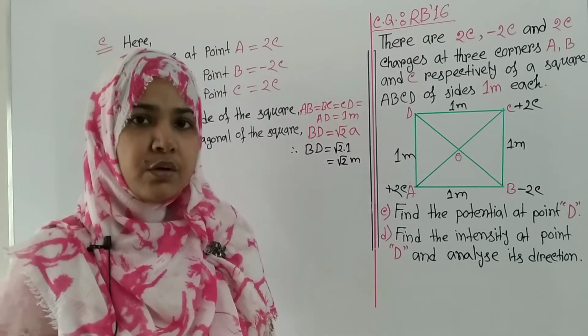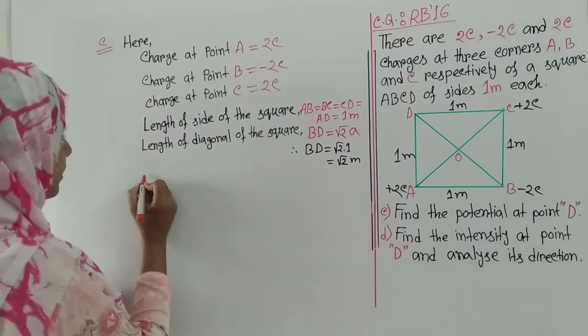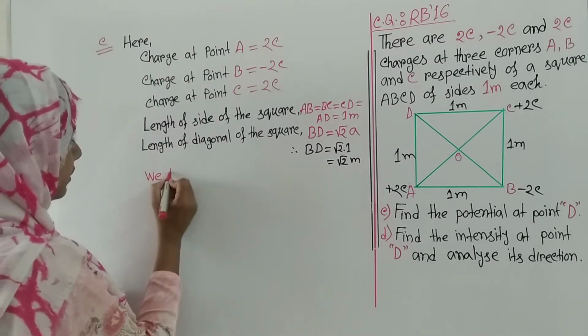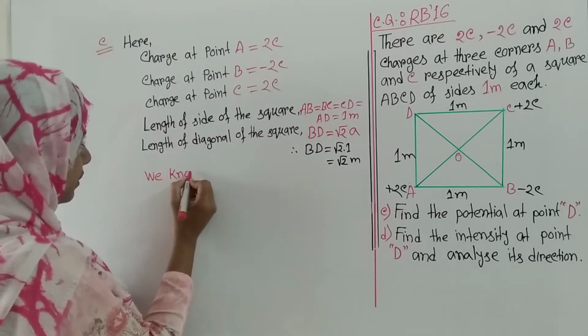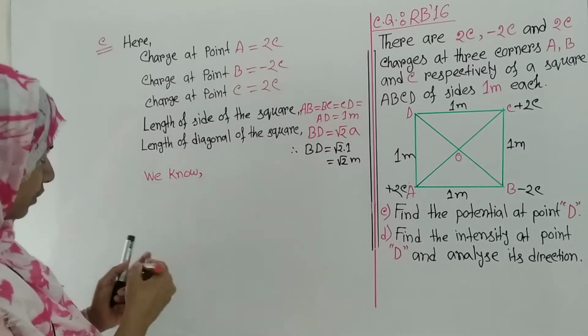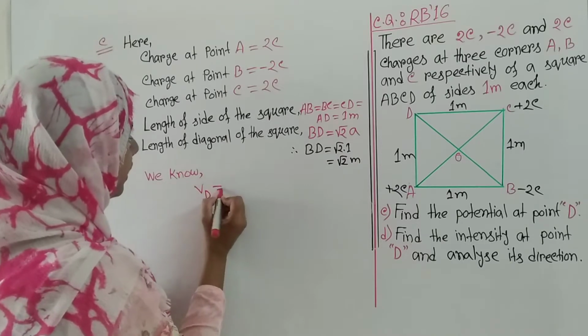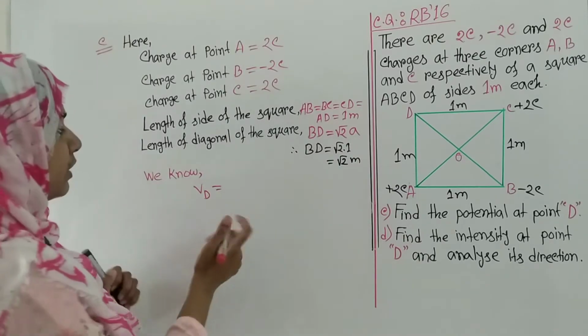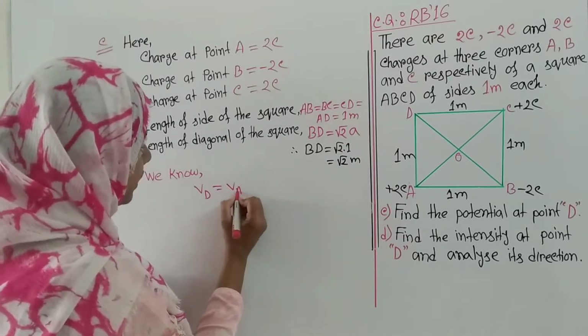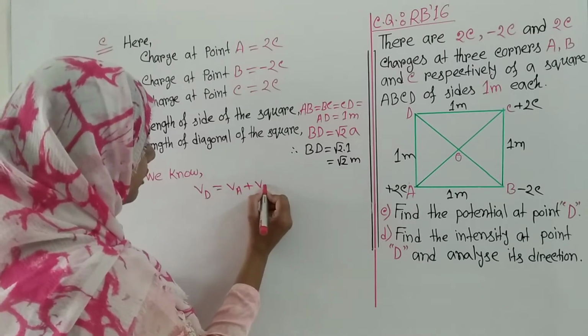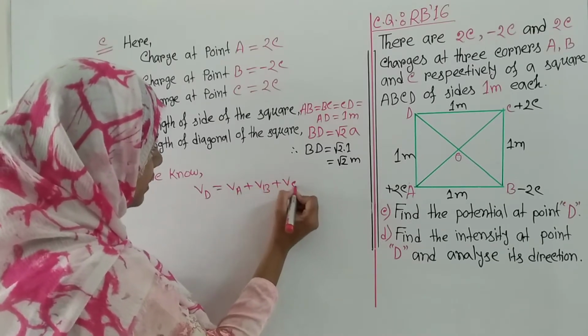Okay, so now we are going to calculate the potential at point D. So VD is equal to VA plus VB plus VC.